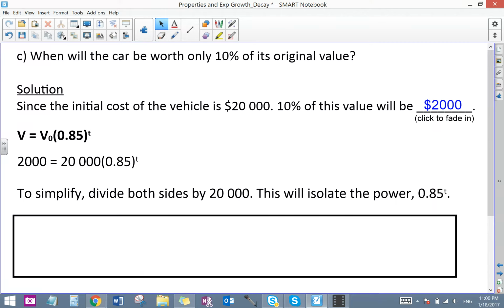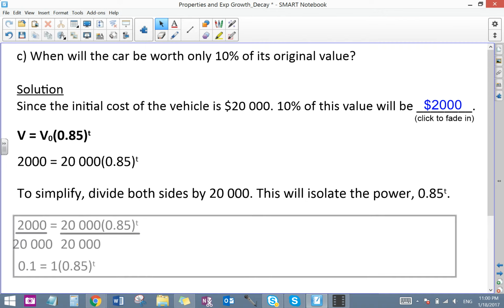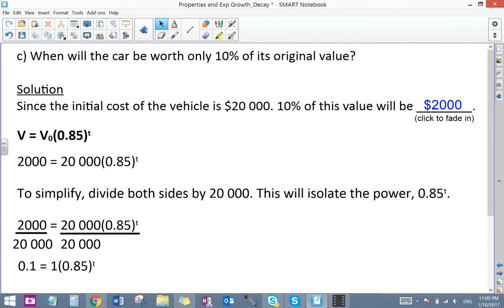Okay. Now to simplify, what we need to do is to isolate the power 0.85 to the t. And that'll make finding t that much easier. So if we divide both sides by 20,000, the 20,000s will cancel from the right-hand side, and we're left with 1/10, or 0.1, on the left-hand side.